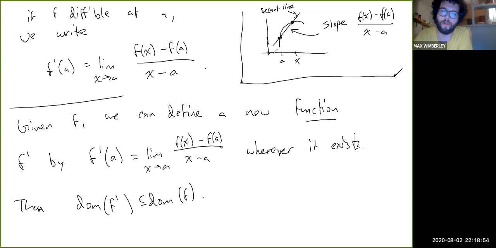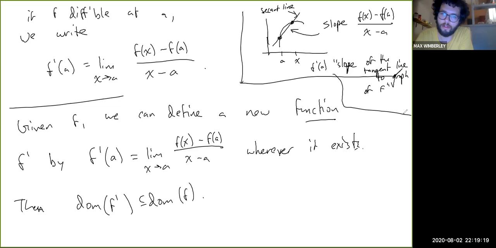So in the limit, you'd end up with a tangent line, right? So f prime of a is the slope of the tangent line to the graph of f, at least under nice conditions.